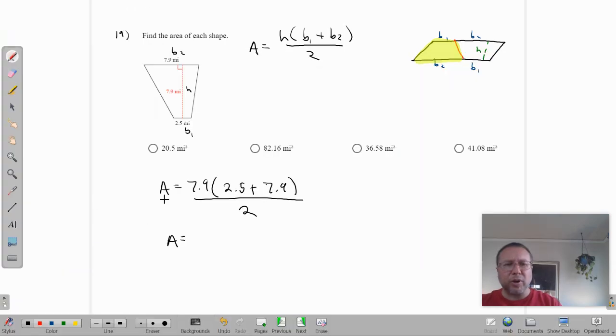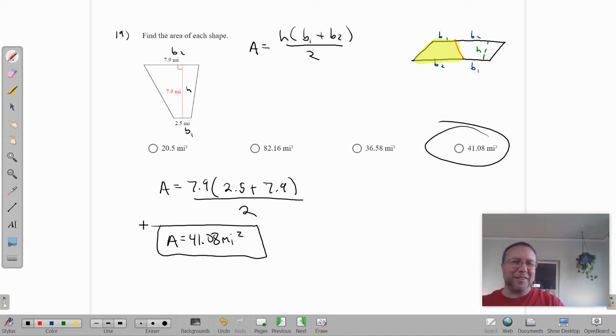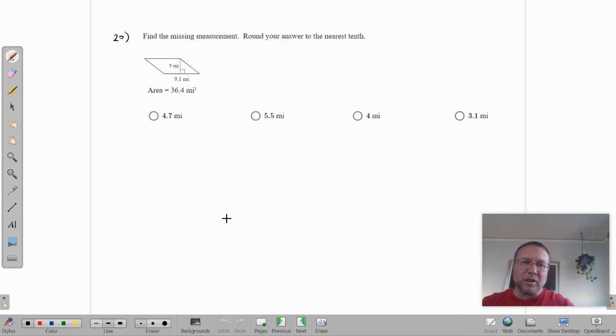So we get 41.08, which is that one right there. 41.08 miles. That's a really big trapezoid. Maybe it's a state. Who knows? All right. So we're getting there. So pause here, or we will move on to number 20.